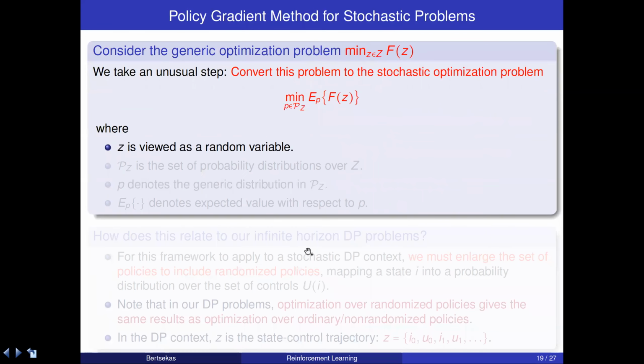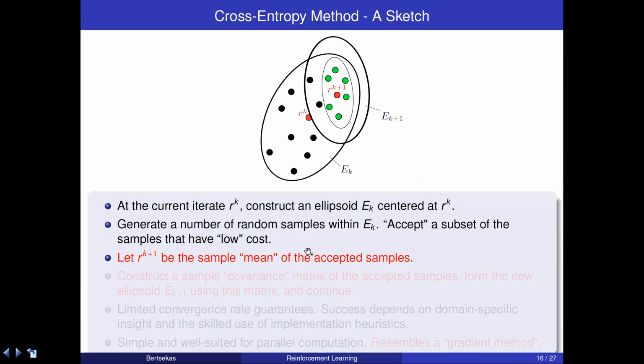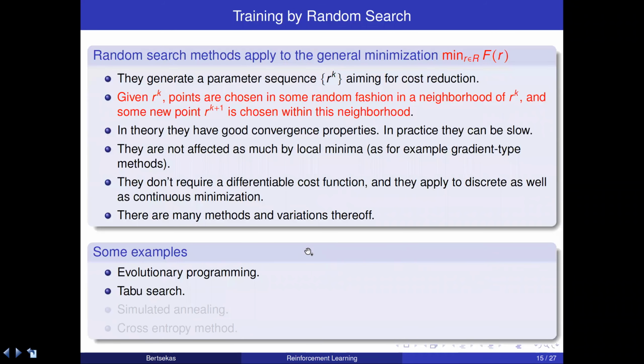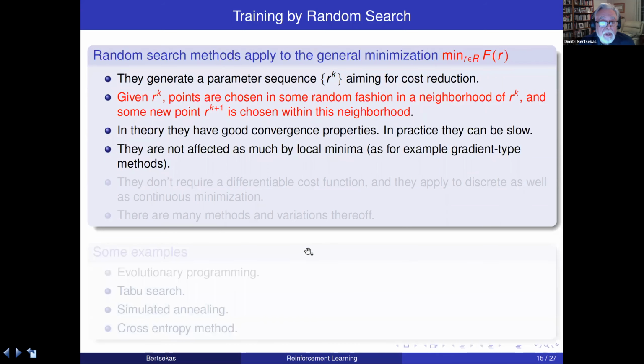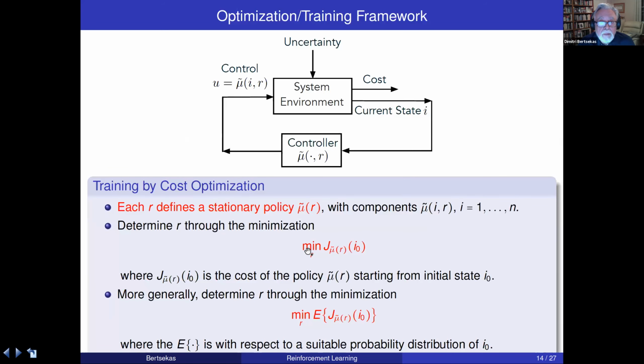I think there is one expectation that's taken just with respect to the initial state. Let's see. Here? Yeah, on the bottom. On the bottom, yes. No, that's not the expectation with respect to the uncertainty inherent in the transition probabilities, in the system dynamics, and also the uncertainty inherent in the randomized policies once we introduce randomized policies.